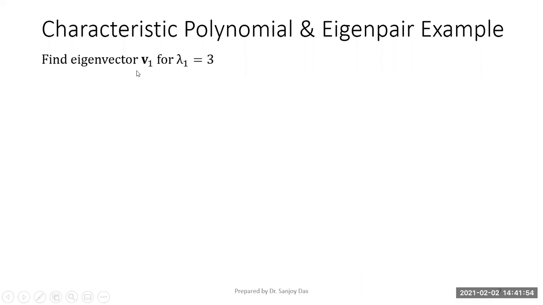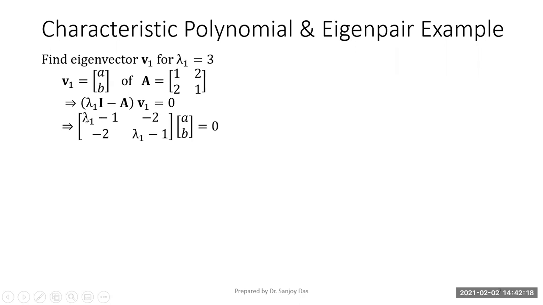Okay, so what's V1 for lambda 1 equals 3? Let's say V1 is (A, B) for some scalars A and B. Now lambda 1 I minus A times V1 must be equal to 0, right?